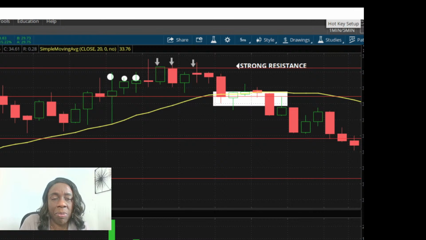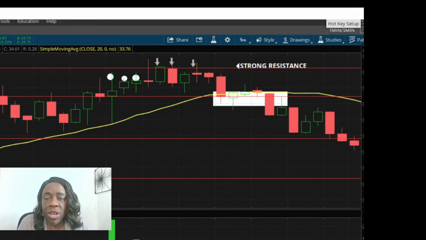The minute price action breaks above it, that line becomes support. It becomes the floor. To the left, it's the ceiling. Price action was having difficulty breaking above it, and it's called resistance. There was a resistance to price going above it. The minute it breaks above it, it becomes a support. And you see, the minute it breaks above it, you have this huge movement. This is when you enter a trade.